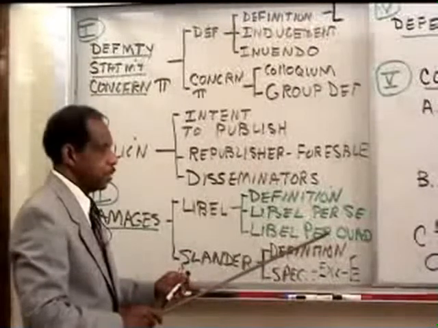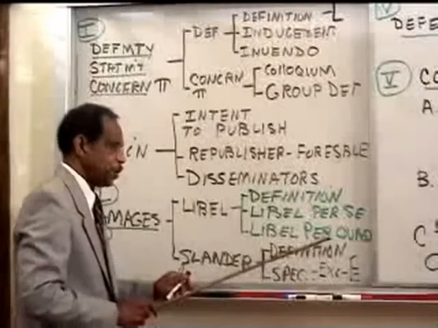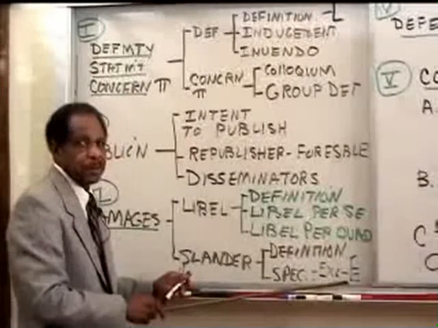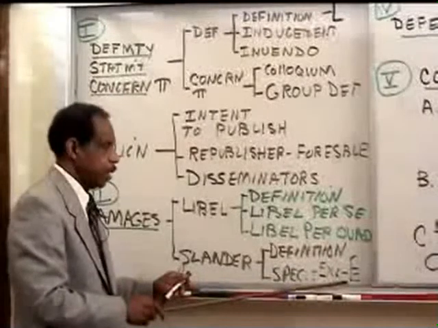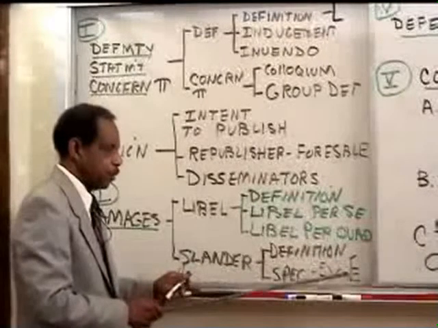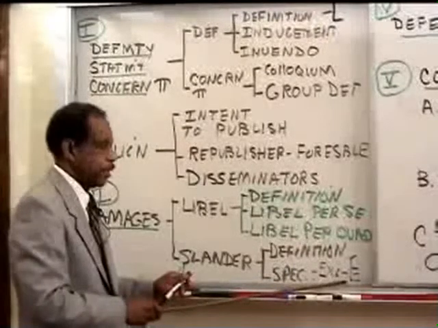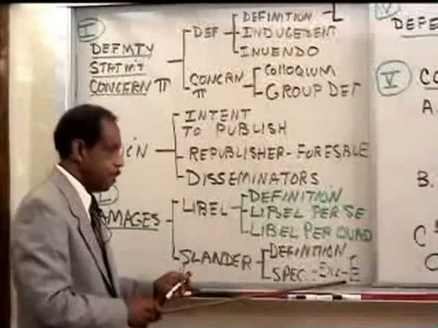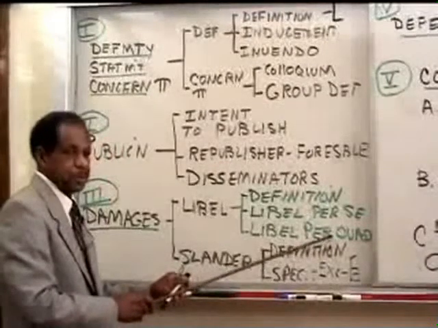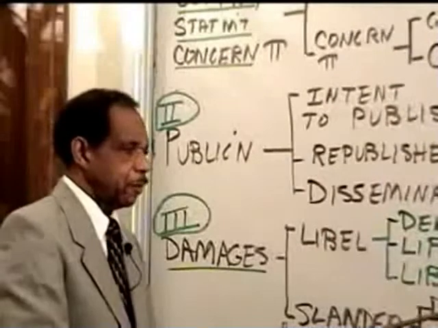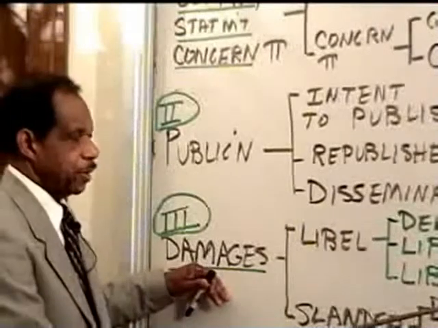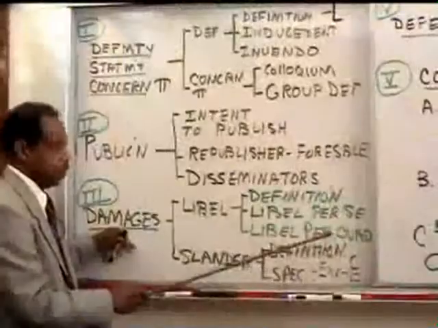Some say yes, some say no, some say if the libel per quod is about one of these four subjects that would have been slander per se if it had been slander. Again, the middle road here is if the libel per quod is about one of the four subjects that would have been slander per se if the statement had been slander, then loss of reputation will be presumed. Otherwise it won't. So three views on the libel per quod on the question of will reputation damages be presumed? Yes, no, and the in-between.